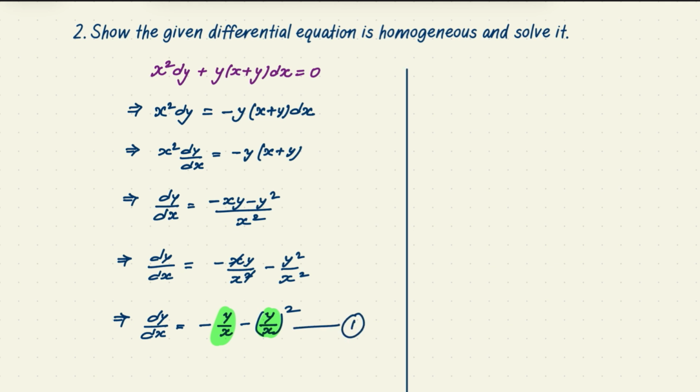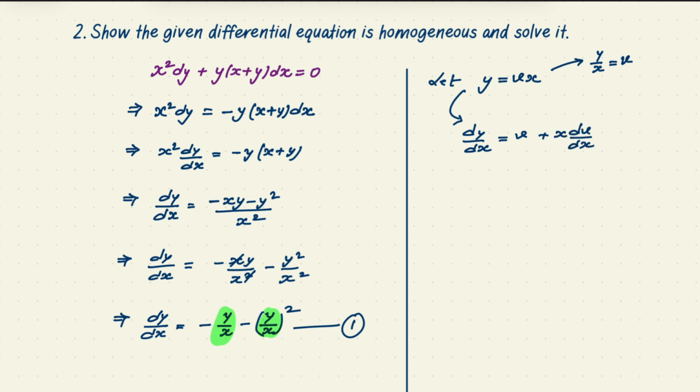The step to solve this homogeneous differential equation is to assume y equals v into x, where v is a function of x, and from here y by x means v. This we will require. Let us differentiate this equation both sides with respect to x, then using the product rule we will have dy over dx equals v plus x into dv over dx.